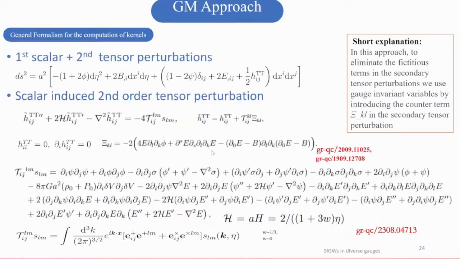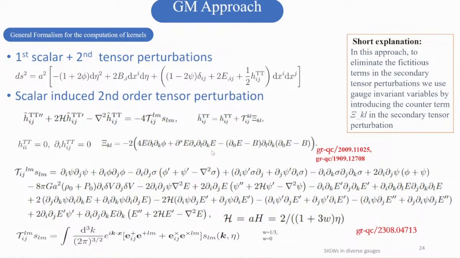Now, I just said before that there was a problem that in different gauges the result was gauge dependent. We tried to solve that problem. Also, in some gauges there was a divergence that broke the linear perturbation.